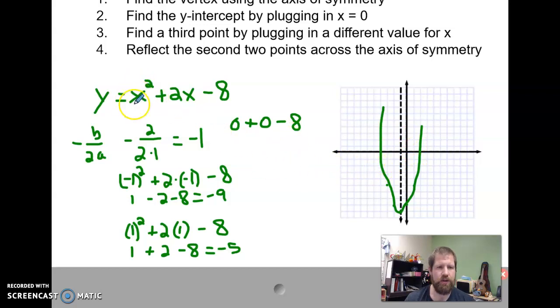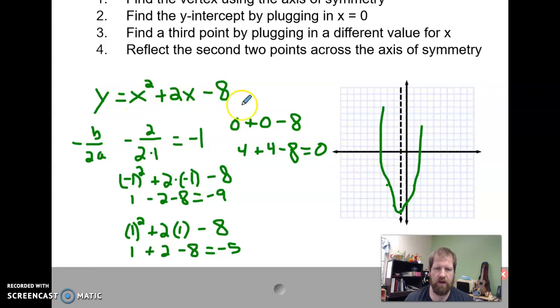So if I plug in 2 for x, I should get 0. And if I plug in -4 for x, I should get 0. So 2 squared is 4. And 2 times 2 is another 4, minus 8. Well, that equals 0.